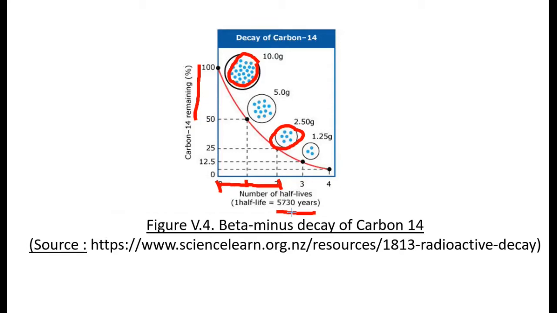So what scientists do, they take a sample and they compare the percentage of carbon-14 compared to a modern object or the atmosphere to know how many carbon-14s have decayed. And basically, when you know the percentage of carbon-14 that decayed, you can then know how old the object is.